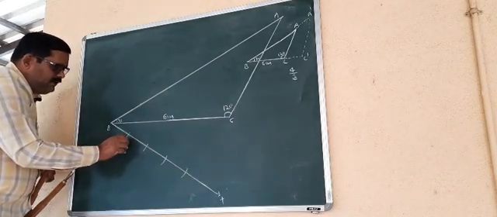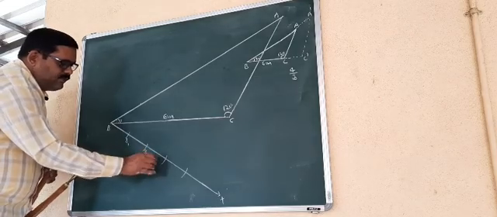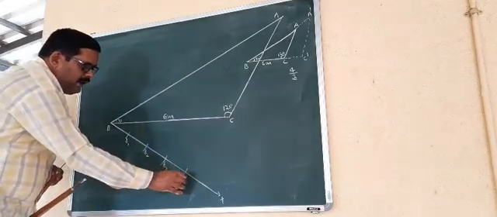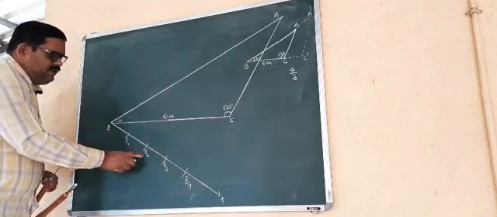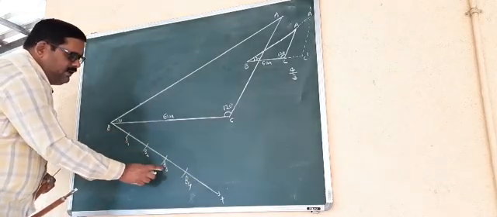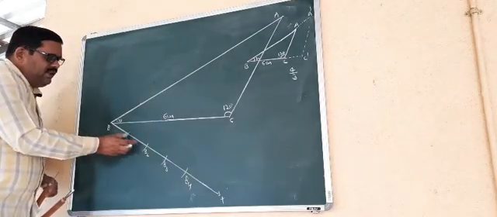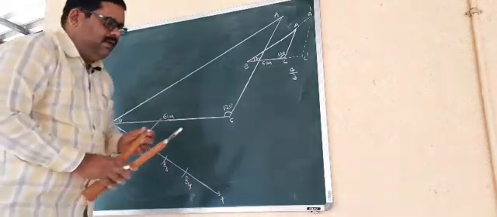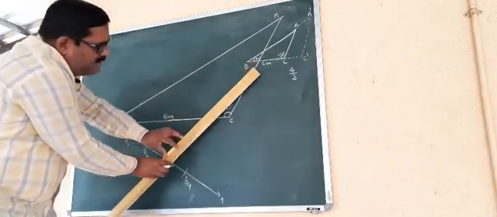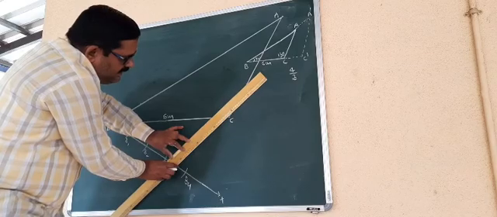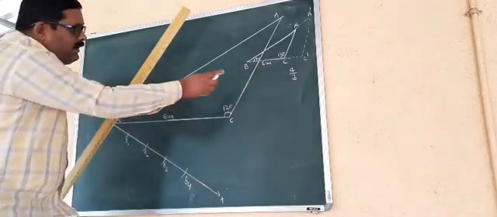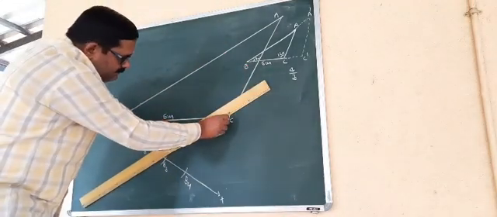Mark these as B1, B2, B3 and B4. So, B1, B2, B3 and B4 are 4 equal parts. Now, join B3 with C.